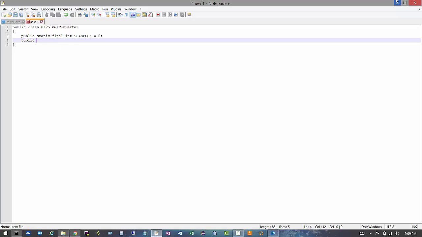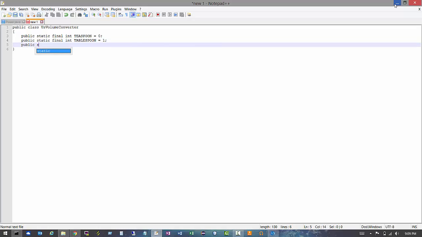Now, it'll become clear in a minute or two why I'm doing these as consecutive integers rather than some, we'll call it conversion factor. This is going to correspond to something, and it's really going to play into our ability to make a very, very clean recursive algorithm. So we have teaspoons, we have tablespoons.